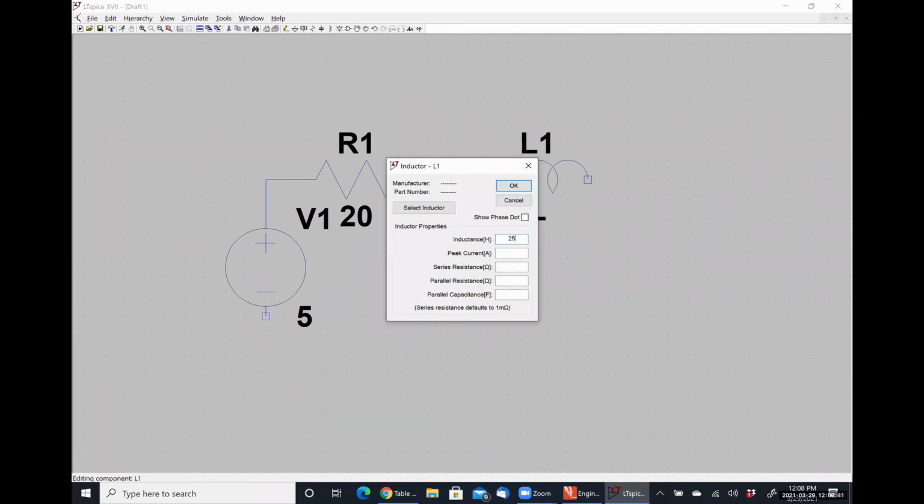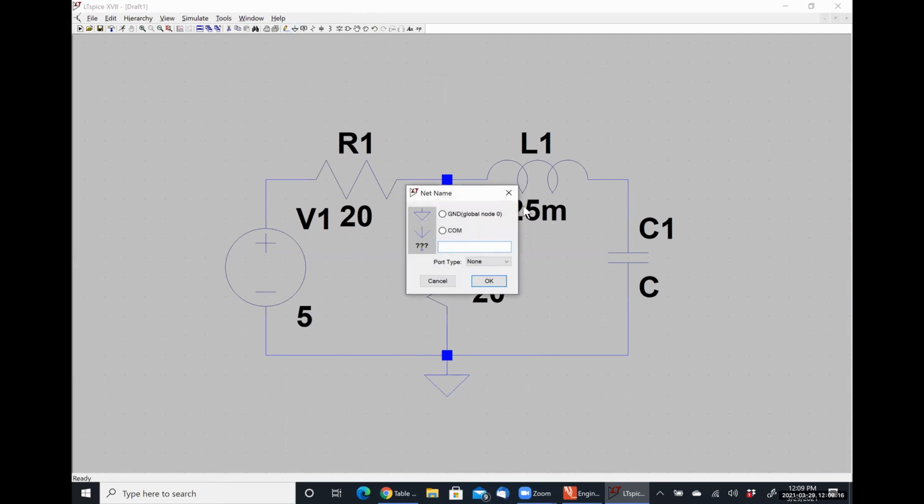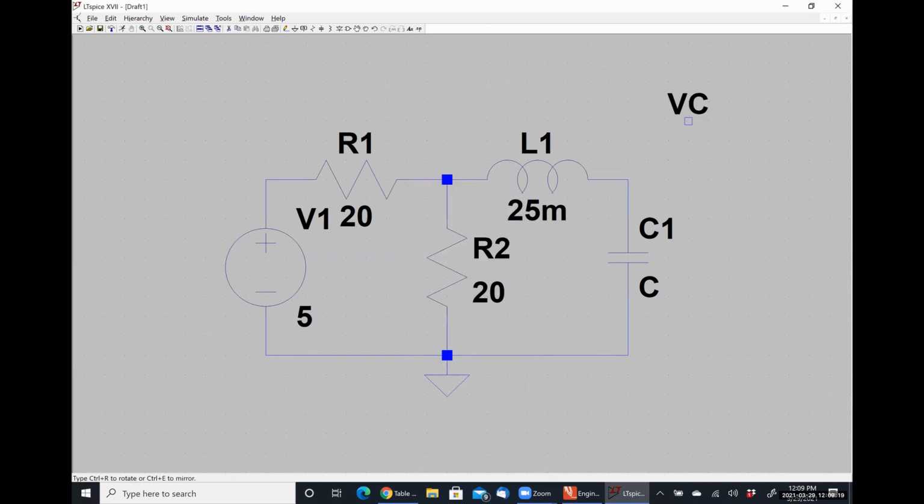This guy was 25 millihenries, I believe. And we have our capacitor here. I'm going to put my ground to be the bottom node. And I'm going to label that node as VC.